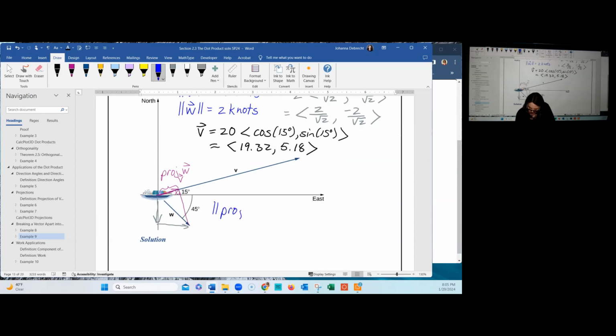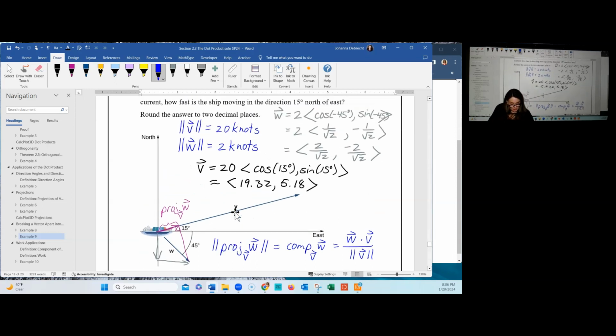So the projection of W onto V is equal to the component of W onto V, which is equal to the dot product of W with V divided by the magnitude of vector V. Now, I know what the magnitude of vector V is.